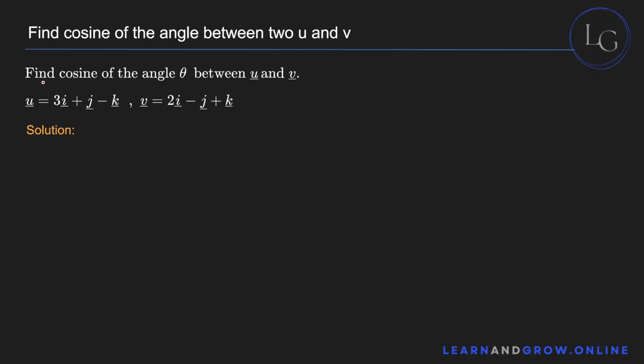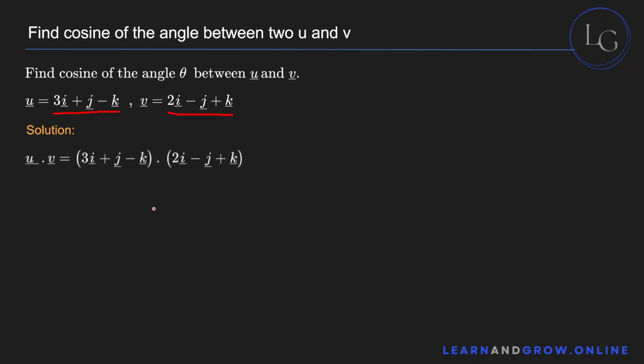Here's an example. We have to find the cosine of the angle theta between u and v. u is given as 3i plus j minus k. v is given as 2i minus j plus k, right?